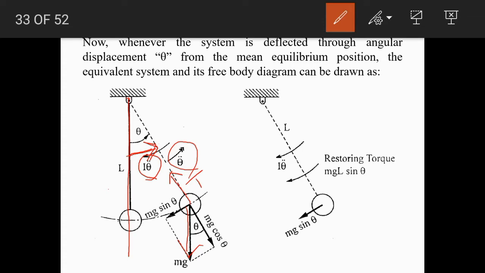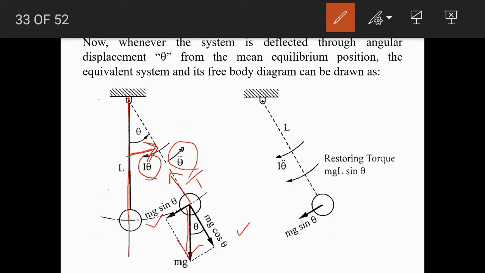But in this case these two forces are not in static equilibrium. So here we are going to consider two components of weight mg: the radial component and the tangential component.